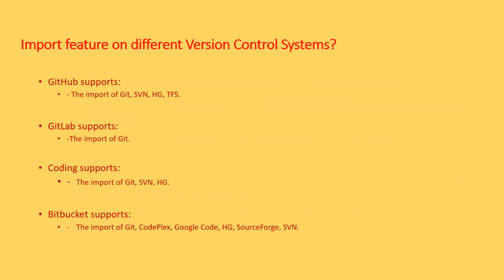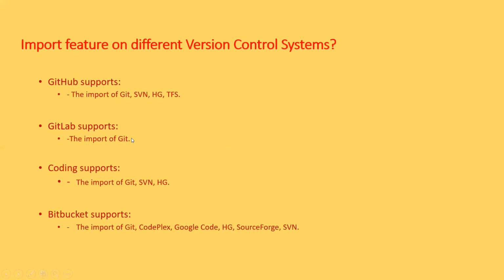Now, import features for different version control systems. GitHub supports import of Git, SVN, HG, TFS. These are the repositories, and you can apply the import feature from GitHub to these version control systems. GitLab only supports Git, nothing else. It is only concentrating on Git. Coding supports Git, SVN, HG. And BitBucket supports Git, Codeplex, Google Code, HG, SourceForge, SVN.